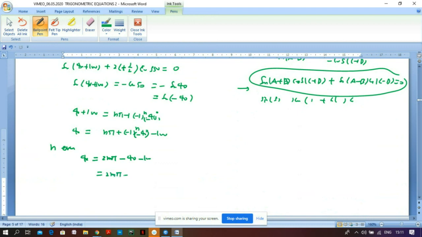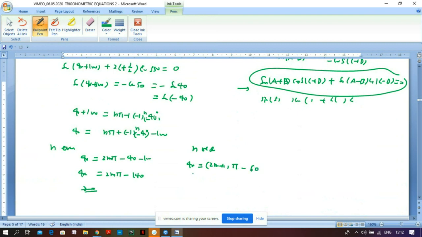So it is 2m pi minus 140, that is 4x. And in the other case, when n is odd, you will get 4x equal to 2m plus 1 pi, again odd. If you do this, you will ultimately get negative of 60.